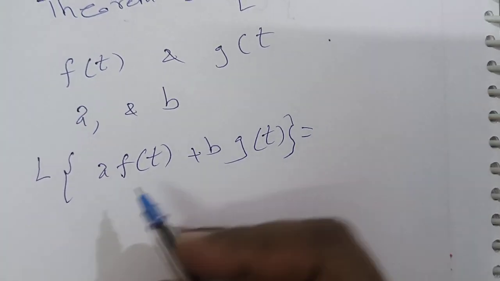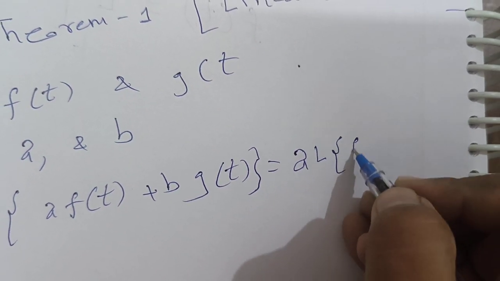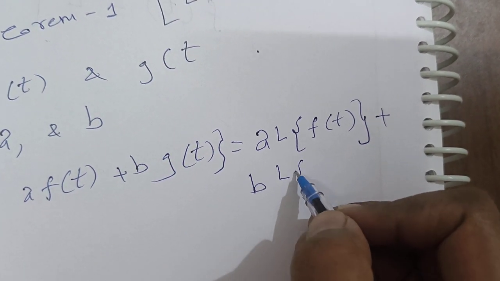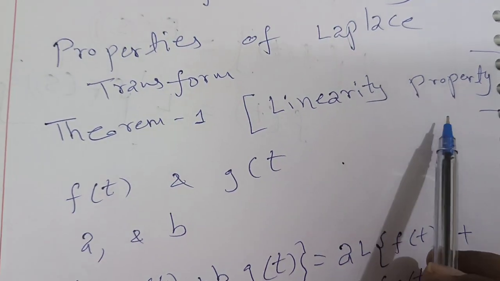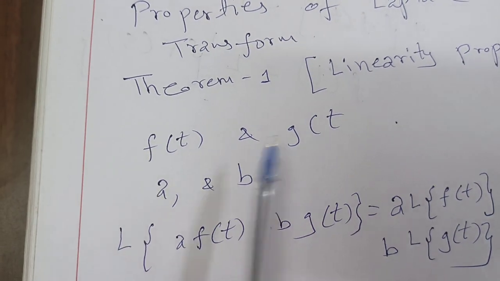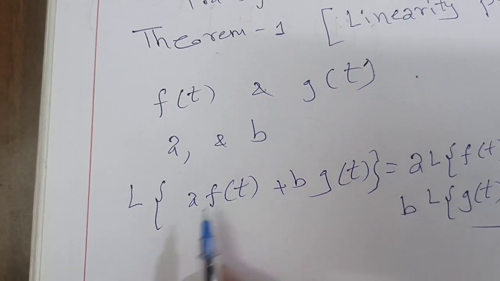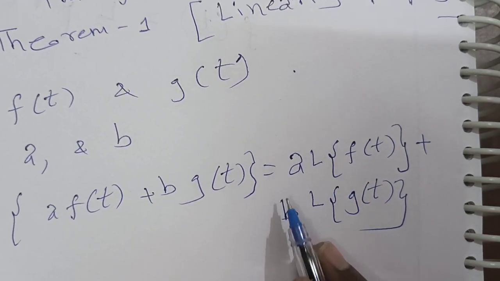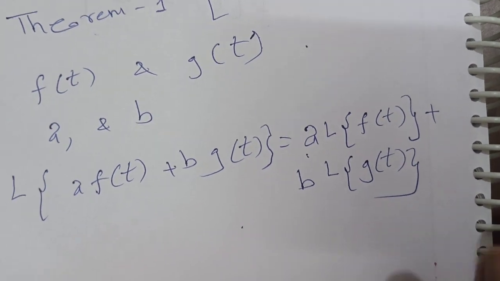When we separate them, this is equal to a times L of f of t plus b times L of g of t. This property is our linearity property, where we are taking two functions f of t and g of t, and two constants a and b. This is the first property.